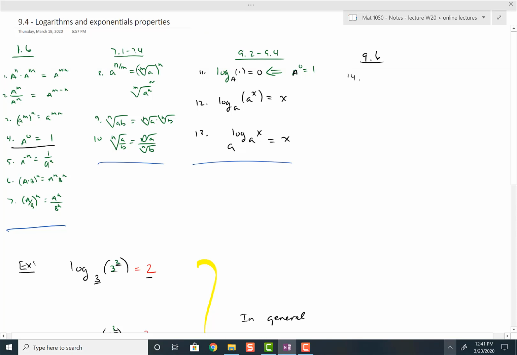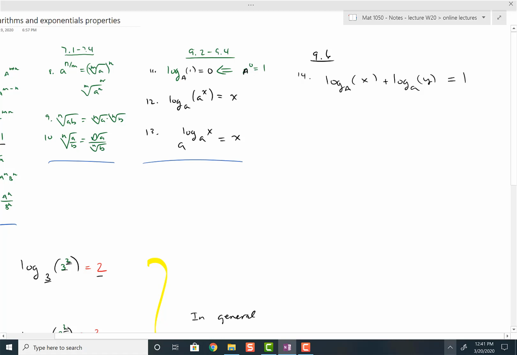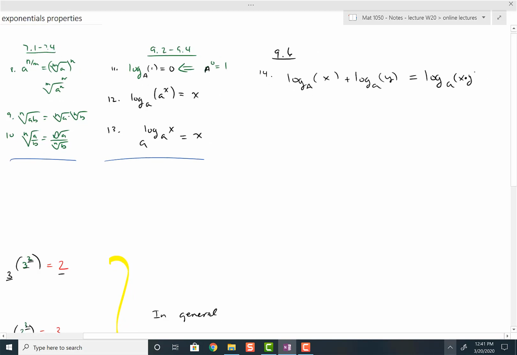So 14, the property would be that if I have a log, and again, the theme is the same base. So log base A of x plus log base A of y is equivalent to condensing the two logs together and saying x times y, multiplying the two arguments together.